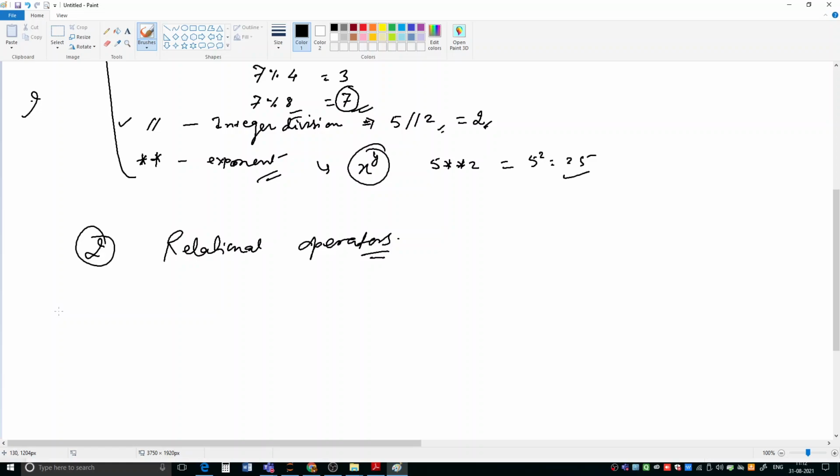So this type of relationship can be checked. Among them, this is the first operator, called the equal to operator. Here I am giving you double equal to. This is not the assignment operator.